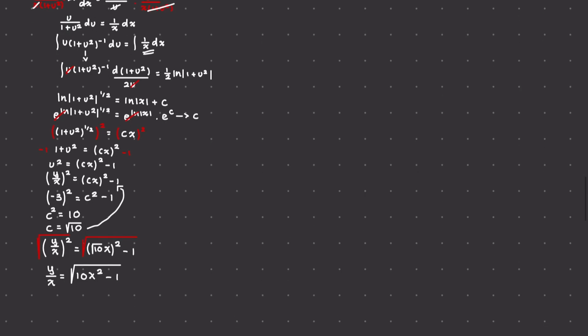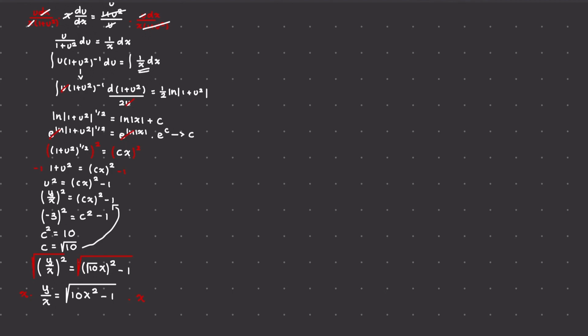And multiplying both sides by x to get rid of the x on the left hand side, this will give us y equals x times the square root of 10x squared minus 1.